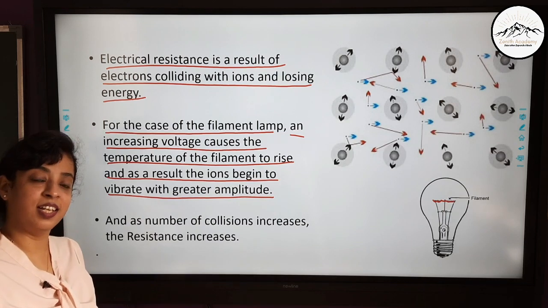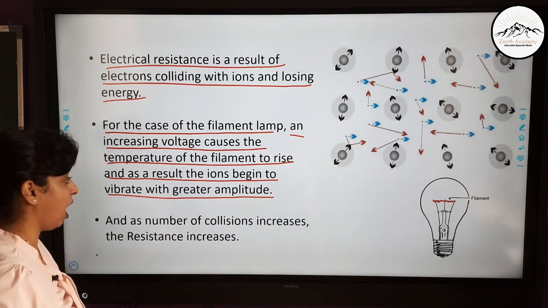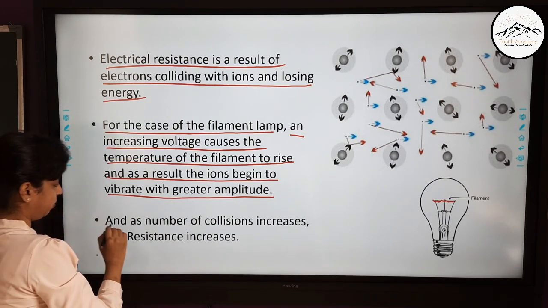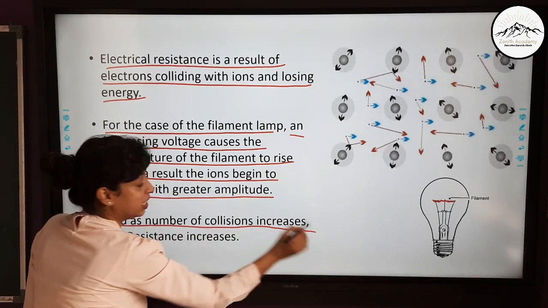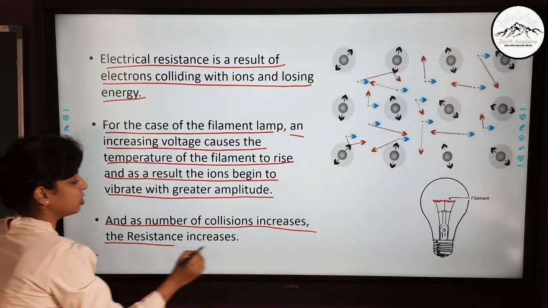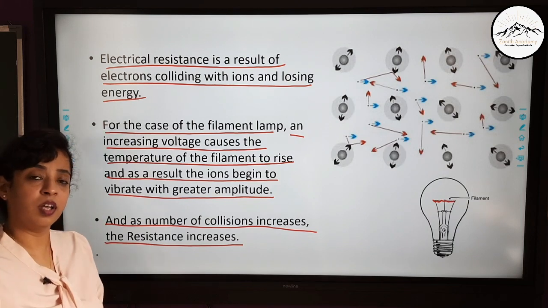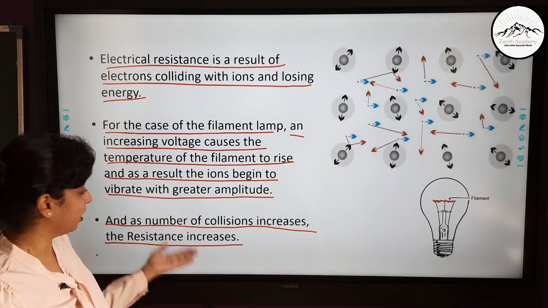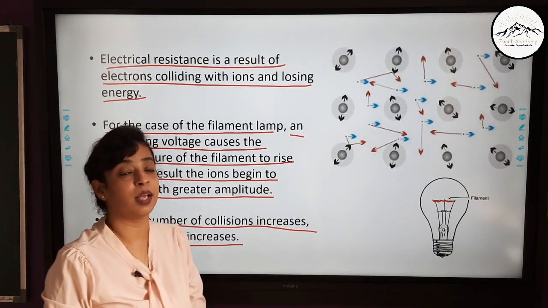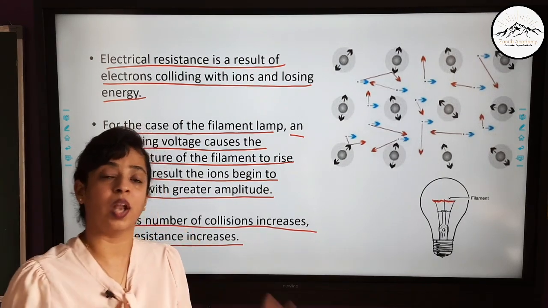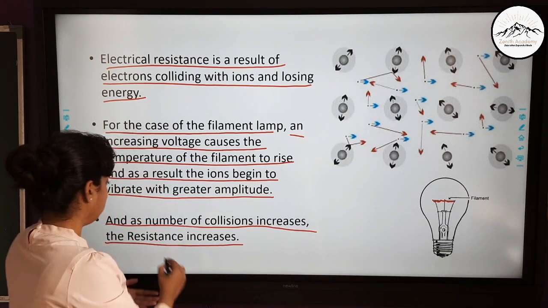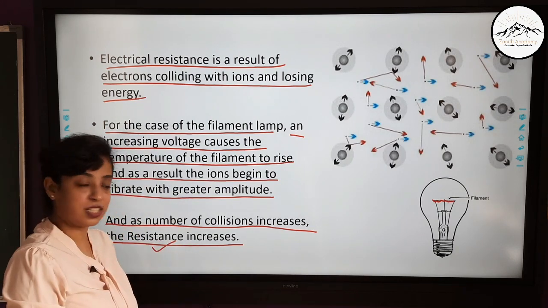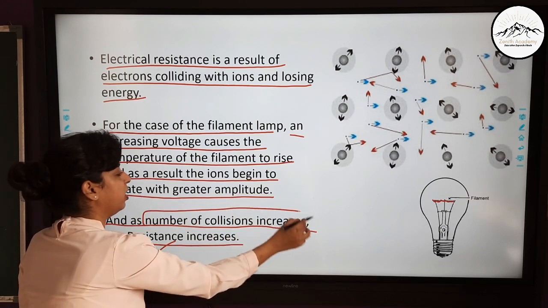So if temperature is increasing, ions will vibrate with a higher amplitude, and as the number of collisions increases, the resistance increases. So here also with the increase in voltage, the resistance increases, because when voltage is increasing, temperature is increasing, the ions collide at a higher rate and hence the resistance increases because the number of collisions has increased.